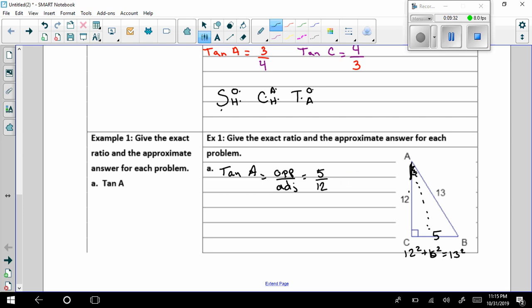So 5 over 12, which is the exact ratio. Your approximation, you would just go ahead and divide that. So 5 divided by 12 is approximately 0.42. All right, so this symbol means approximate.